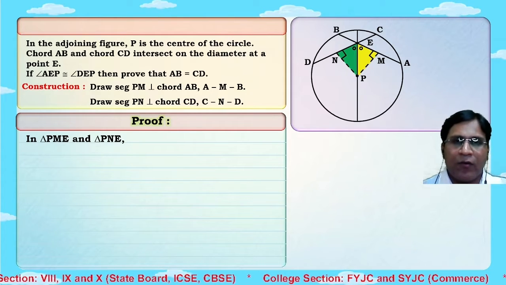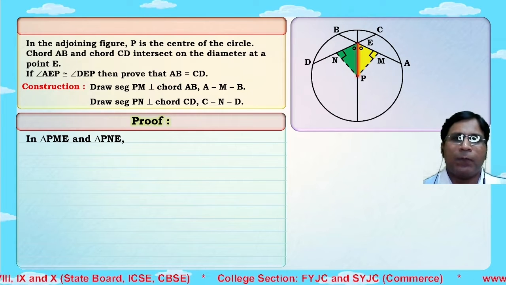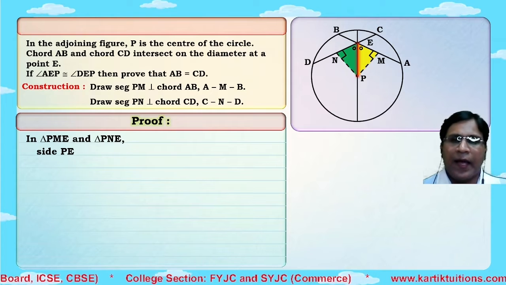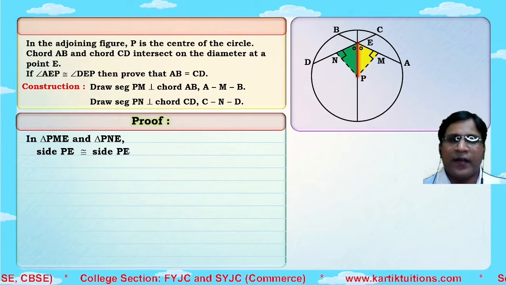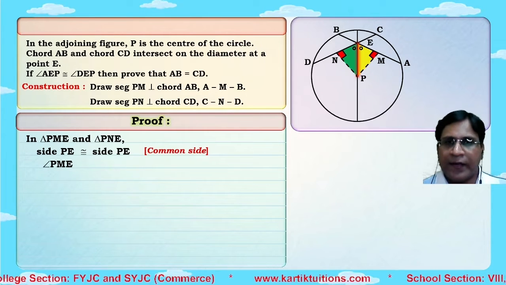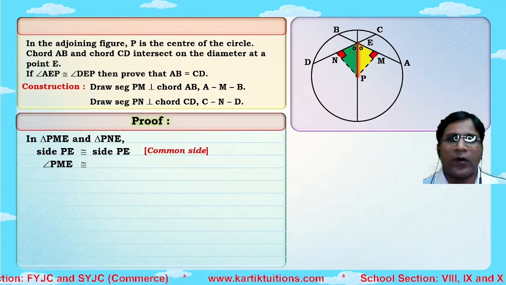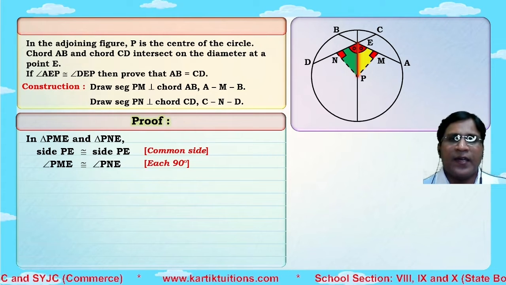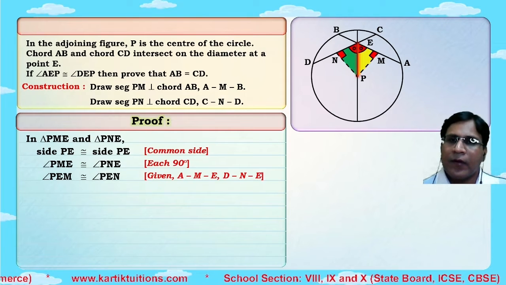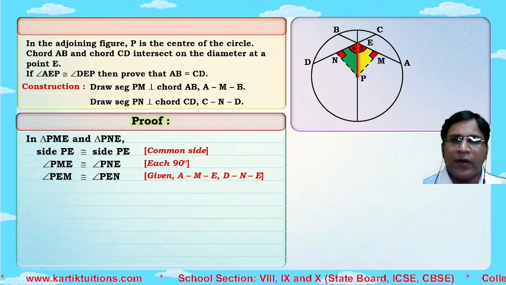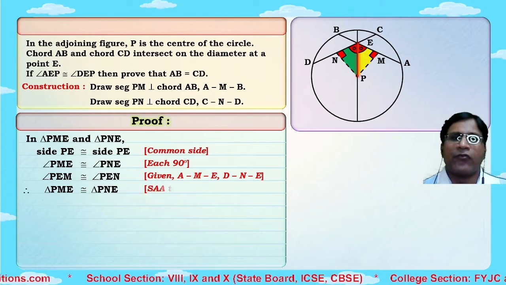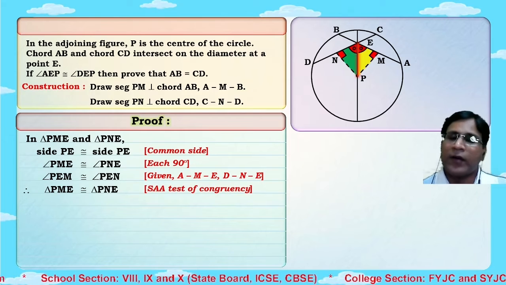Now since it is a right angle triangle, one condition we know: angle PME will be congruent to angle PNE, and PE is a common side, that is, the hypotenuse is a common side. Now since I told you we cannot go for the hypotenuse side test, we have one more angle which is congruent, that is angle PEM will be congruent to angle PEN. Now if you observe, both the triangles will become congruent by the SAA test of congruence. Now see, we have proved the triangles congruent.